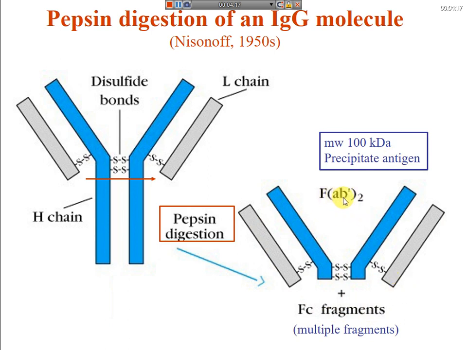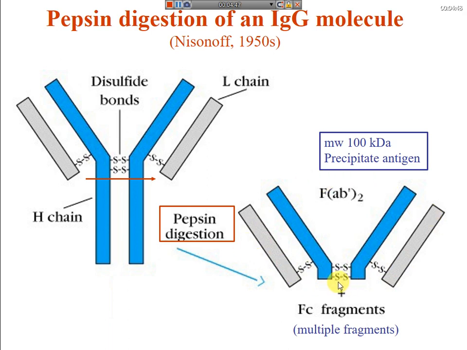So the symbol used for this kind of digestion product is F(ab') 2. And because the FC fragment was chewed down, you get multiple small fragments after digestion of the FC.